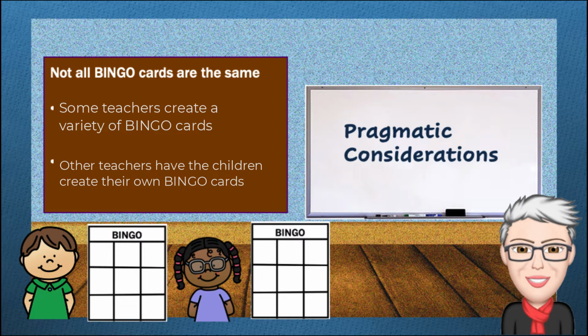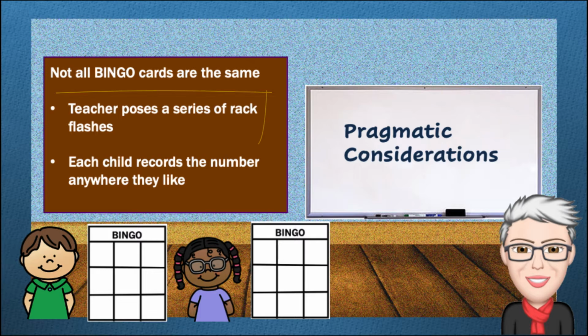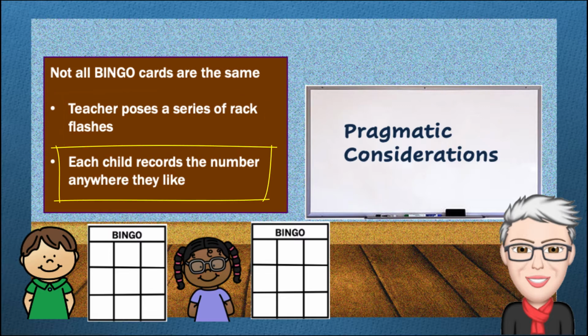One easy way to do so is to devote a part of one lesson to this purpose. Each child has a blank bingo card. For example, it might be a 3x3 grid. The teacher poses a series of Rack Flash tasks. Each child records the number shown on each Rack Flash task anywhere they like on their bingo card. In this way, the bingo cards are individualized.